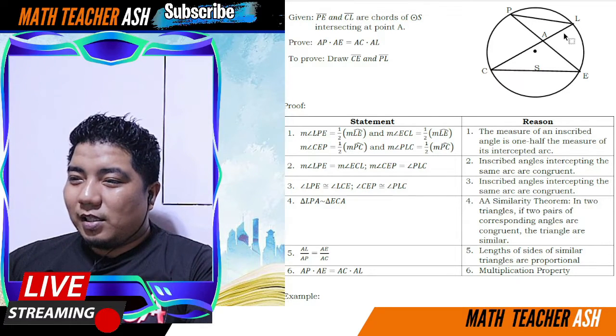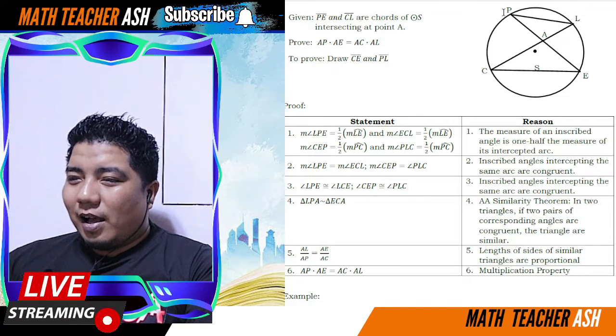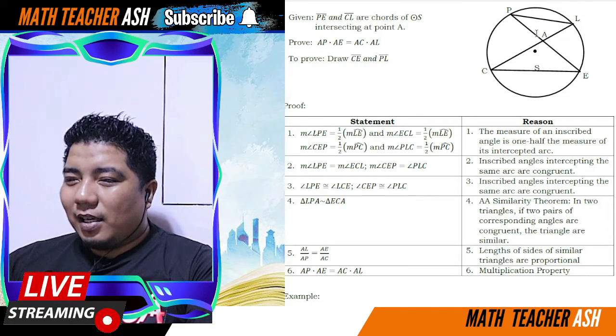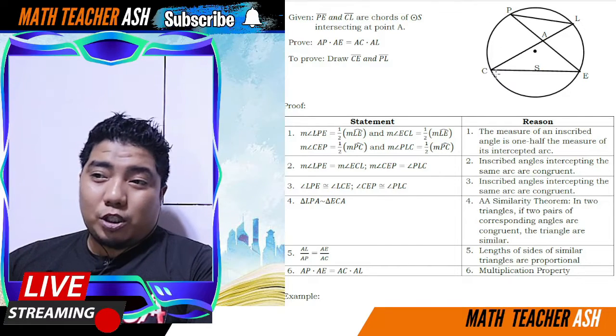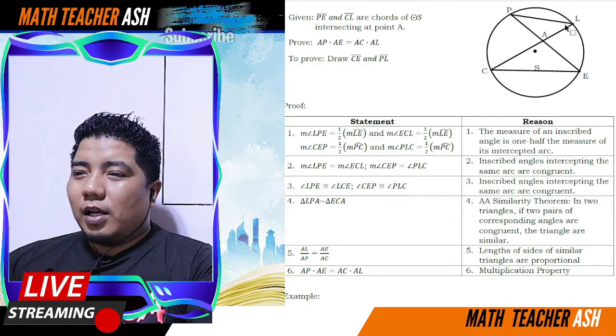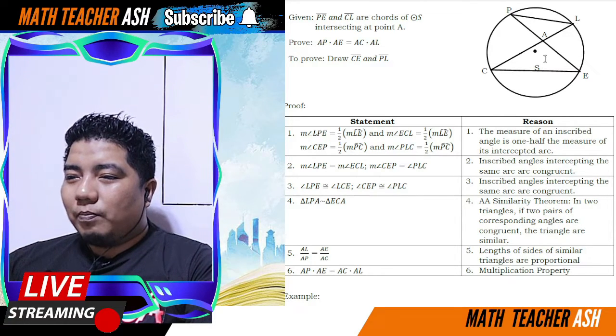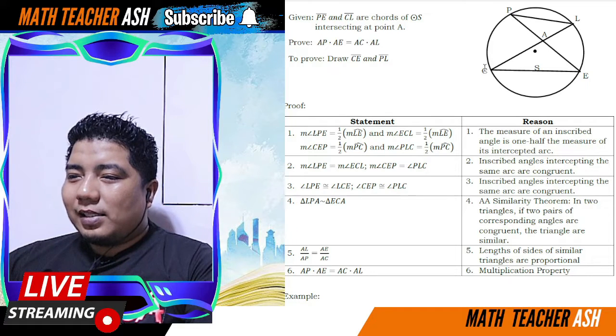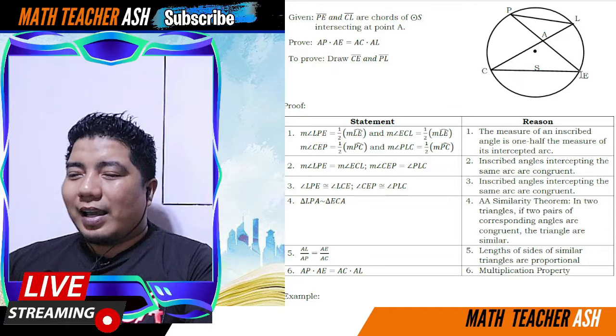Okay, so giving you inscribed angles. So as you can see, this is an inscribed angle, angle L, as well as an inscribed angle, angle E, and they are sharing this intercepted arc, which is arc CP. Same goes in accordance to angle P, ito yon, and angle C, ito yon. Nagsishare din sila ng arc LE.